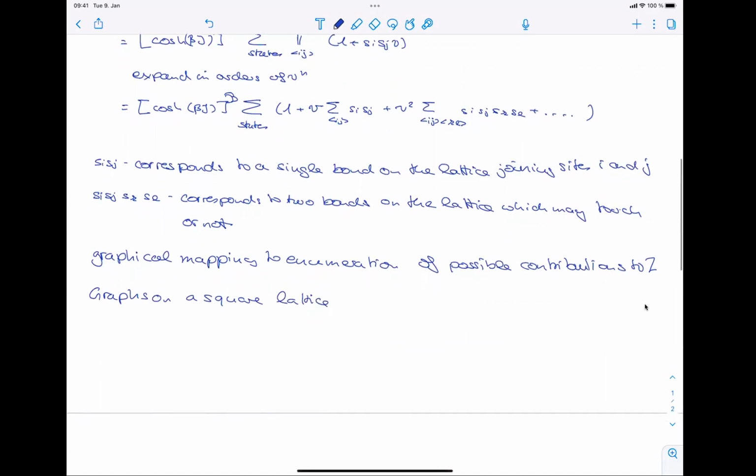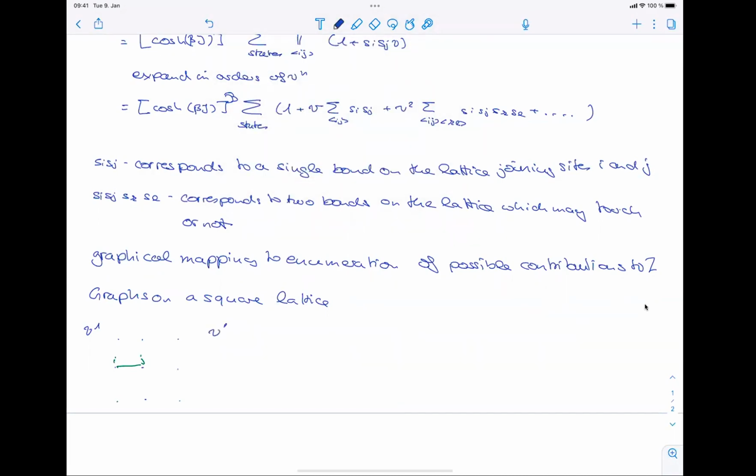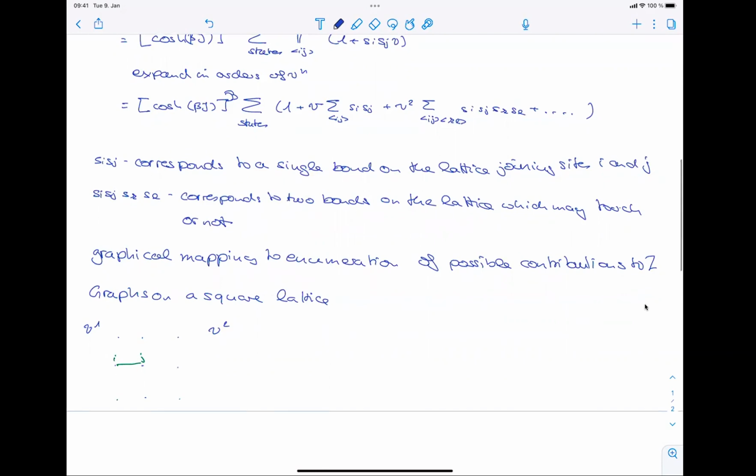Okay, so let's start easy. Like, what's the v to the power of 1 term? I have a lattice, and then a bond would be like this. I'm connecting si and sj. Okay, and so if I look at now v squared, I can have 2 different topological representations.